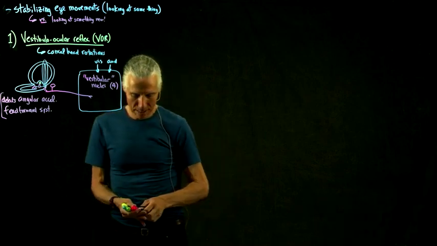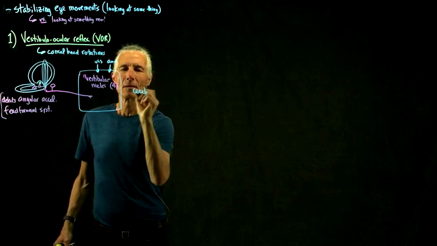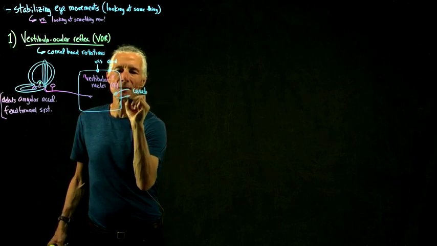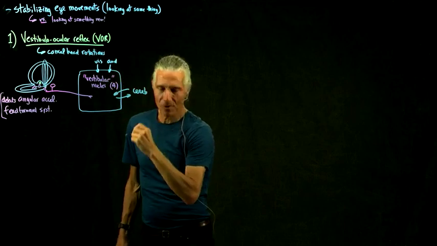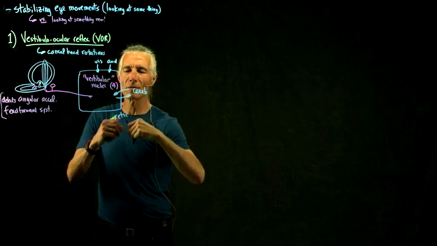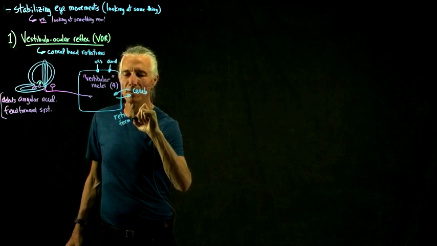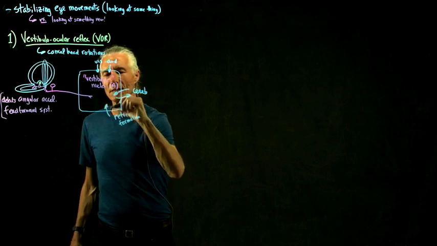So there's a big connection that goes back and forth to the cerebellum, and there's a bunch of connections to the reticular formation, which are motor structures that we'll talk about a couple of lectures from now. A lot of connections going in and out.